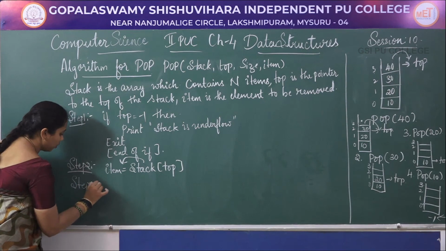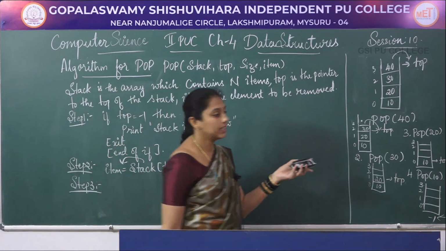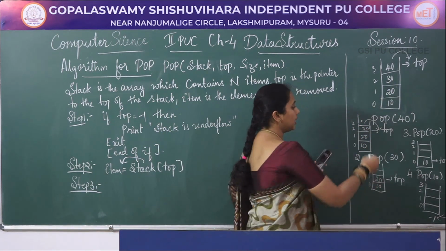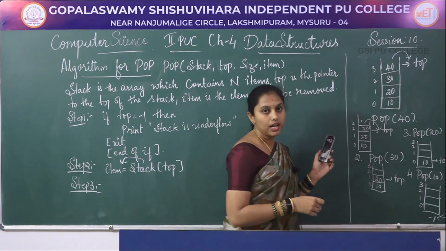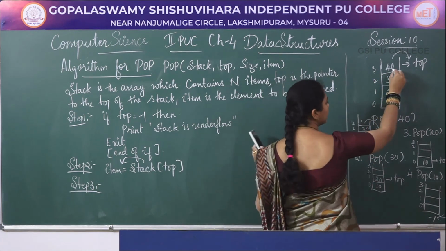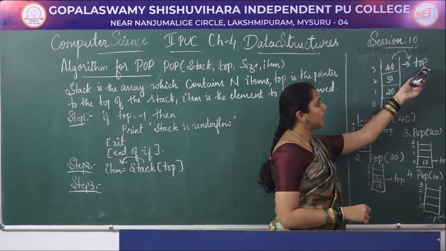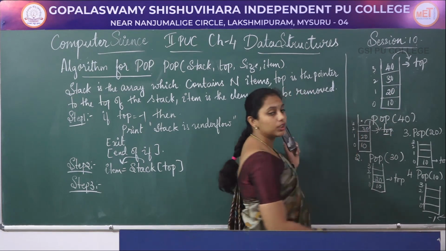So after removing an item from the stack, top gets decrement. See here, in this case the top of the stack is 3. After removing an item called 40 from the stack, the top gets decrement. That is, in this case the top is equal to 2.